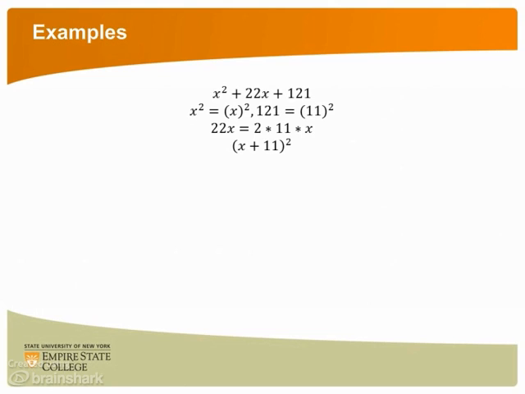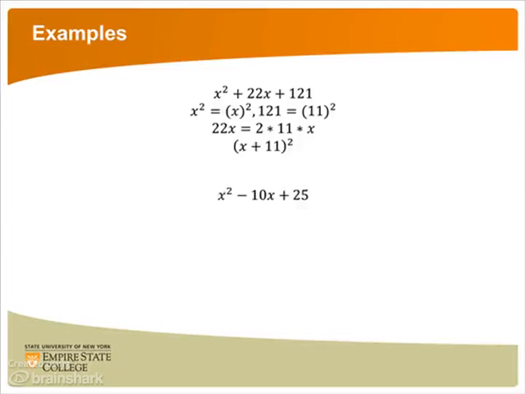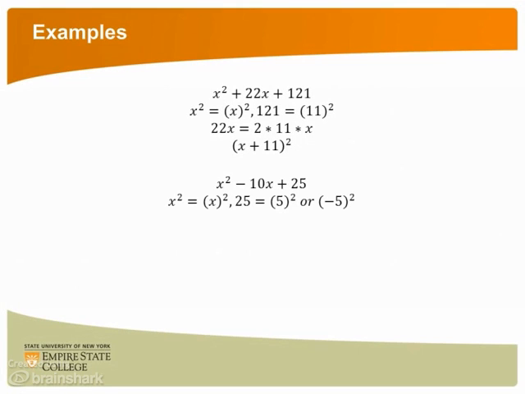But how does this process work with a minus sign in front of the second term? Let's find out. Suppose we want to factor x squared minus 10x plus 25. X squared still equals x squared, and 25 is 5 squared. But 25 could also be factored as negative 5 squared.